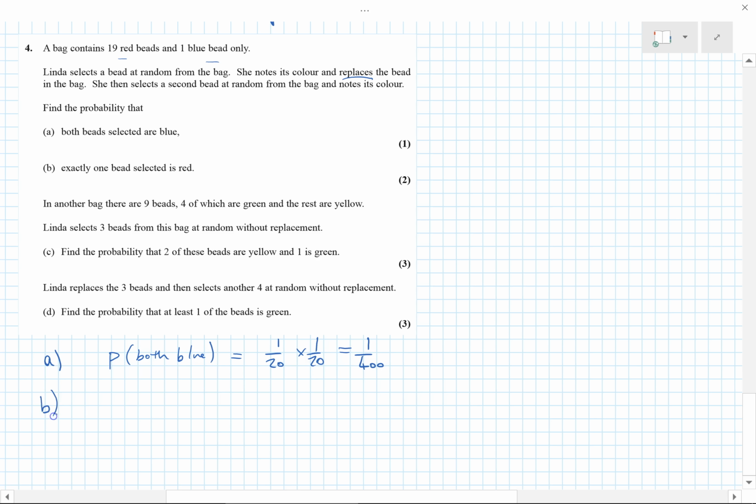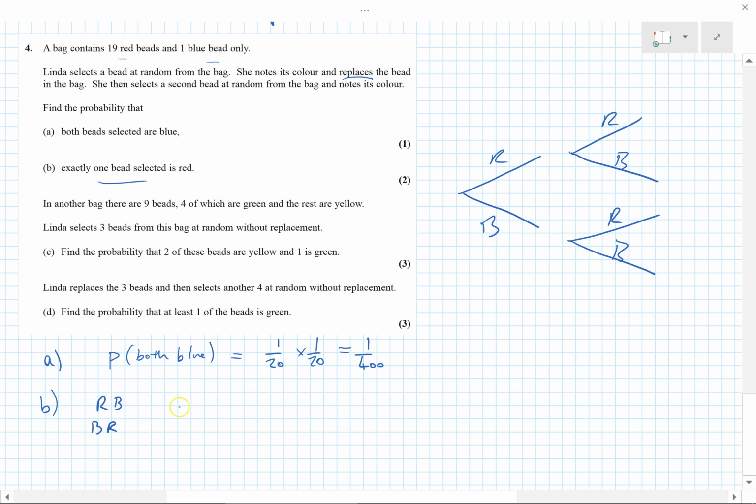Okay, part B, exactly one bead is red. Well, we could do a tree diagram like this: red, blue, and then red, blue, and red, blue. But really, all we need is the two outcomes, red blue or blue red.